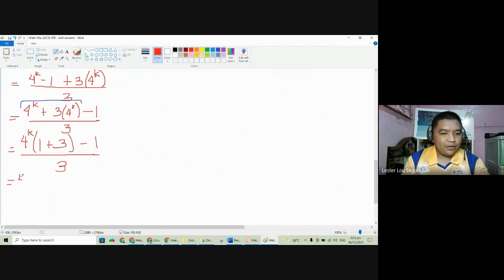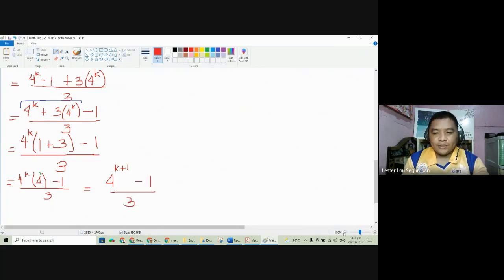Then you will have 4 to the power of k times 1 plus 3, which is 4, minus 1 all over 3. Same base, and we do know that 4 has an exponent of 1 here. So this could actually be rewritten as 4 to the power of k plus 1 minus 1 all over 3.